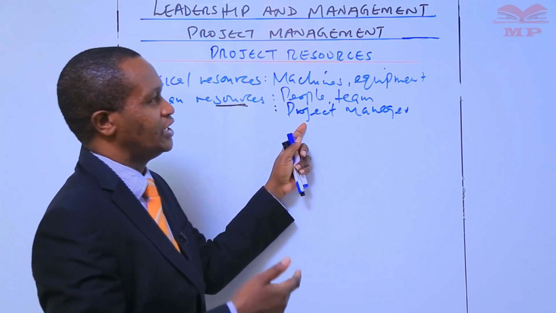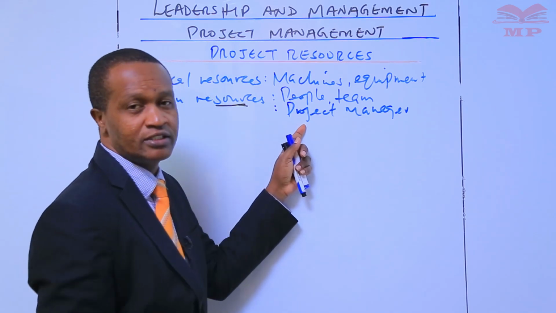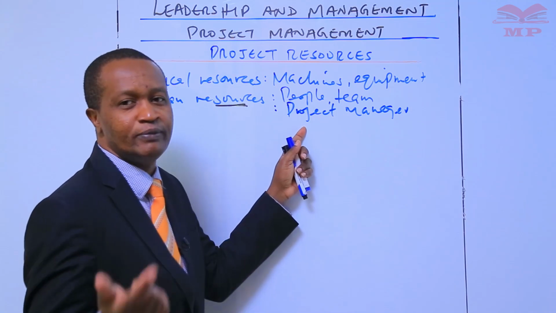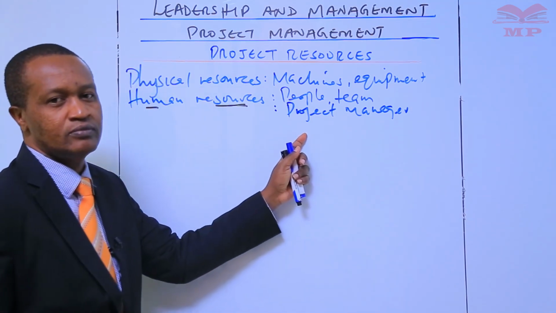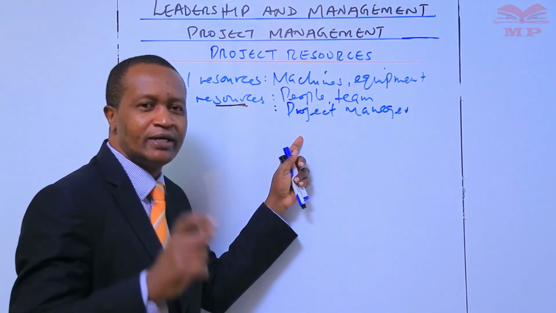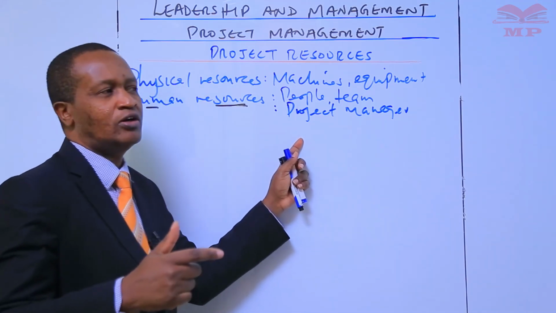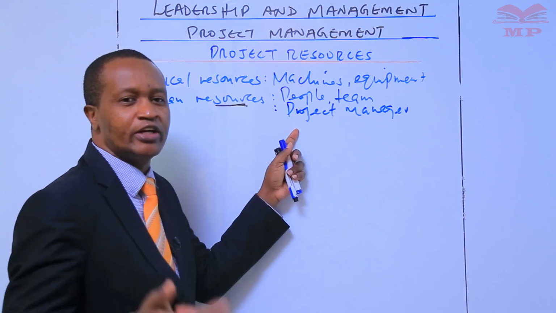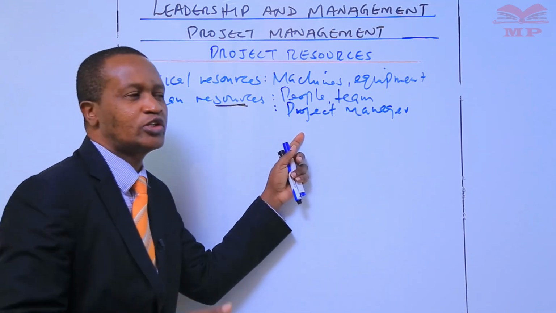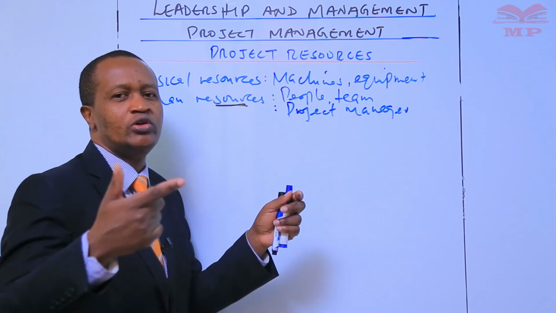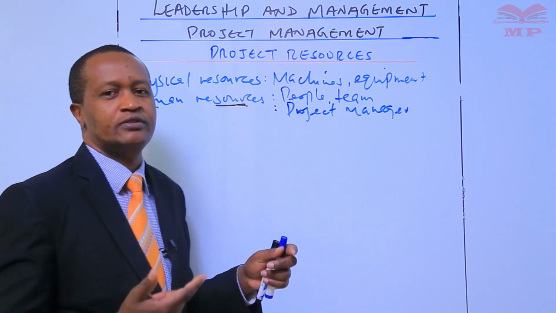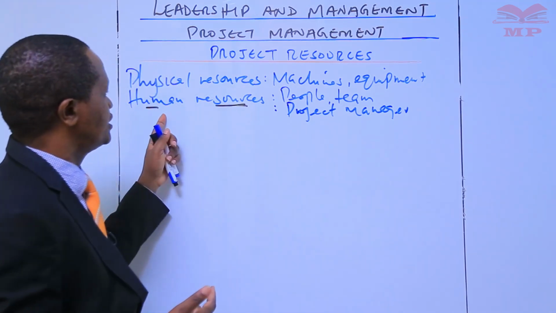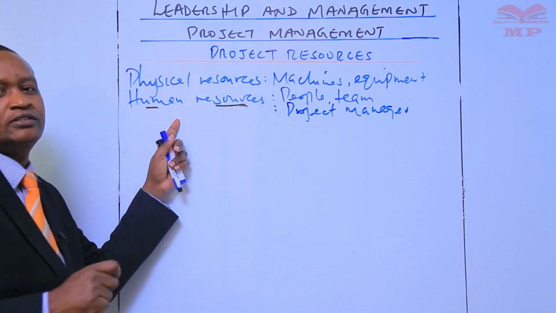A manager is one who motivates and inspires the members towards achievement of a certain goal. Therefore, the project manager should be aware of and subscribe to professional and ethical behavior, and ensure that all team members adhere to ethical values. That is human resources.